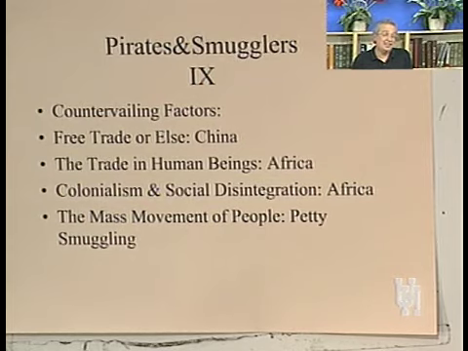But nonetheless, at least as of the 1850s, 60s, and 70s, the smuggling of human beings remained an acutely serious problem in Africa. And of course, it remained that problem because Africa was the target of those who wanted to acquire and use slaves in the Western Hemisphere, in the Middle East, and in India, for example. So this will be a continuing problem, although we will see a substantial decrease by the time we get to the end of the 19th century.